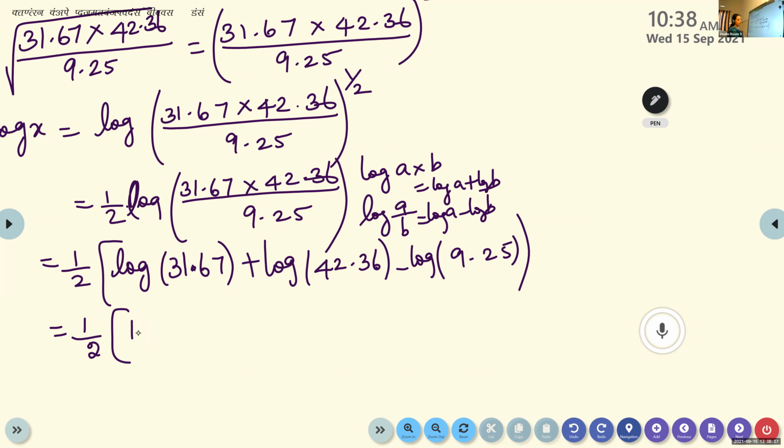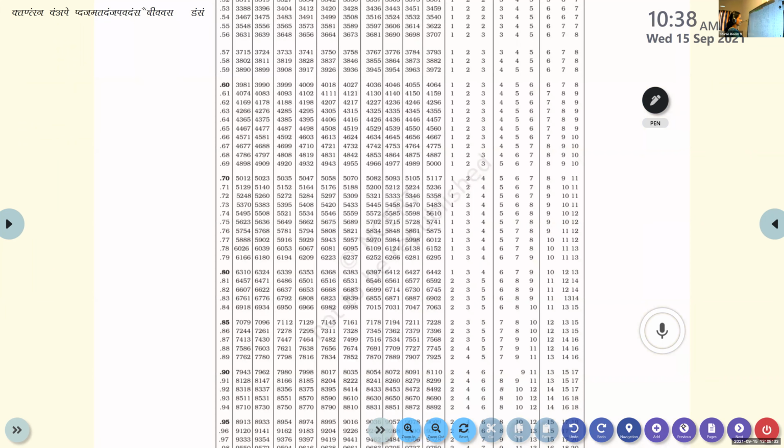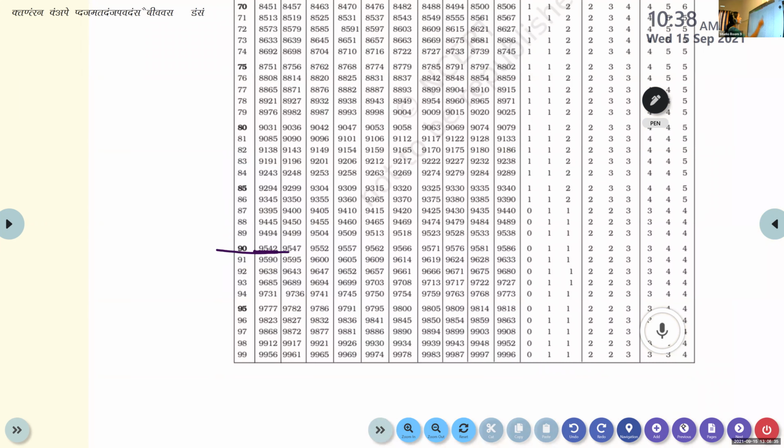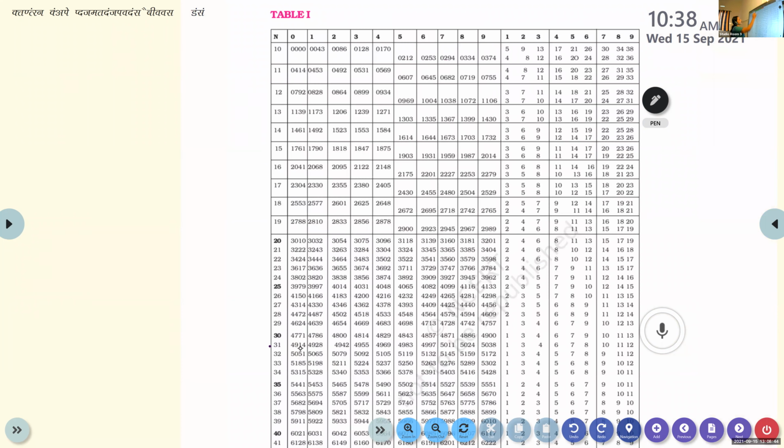3167. From the log table, find out what is 3167. So 31, then 6. On the top you have 0, 1, 2, 3, 4, 5, 6. Is it correct? 4997.